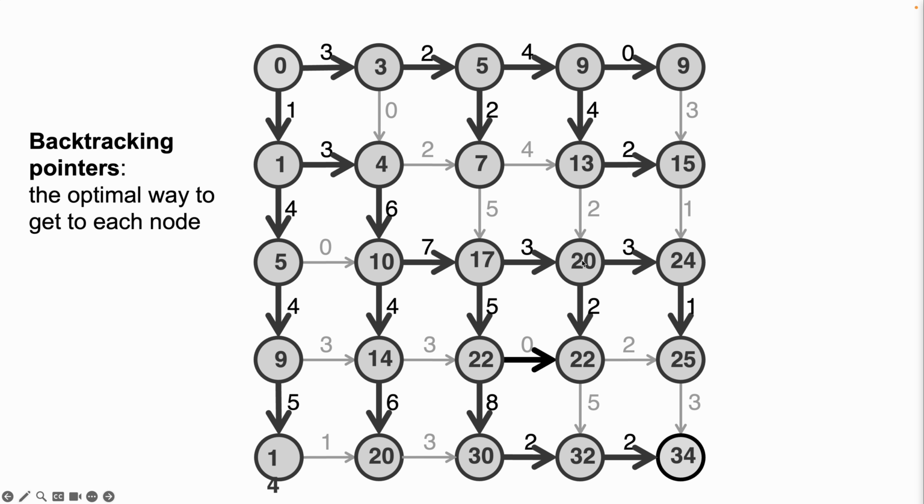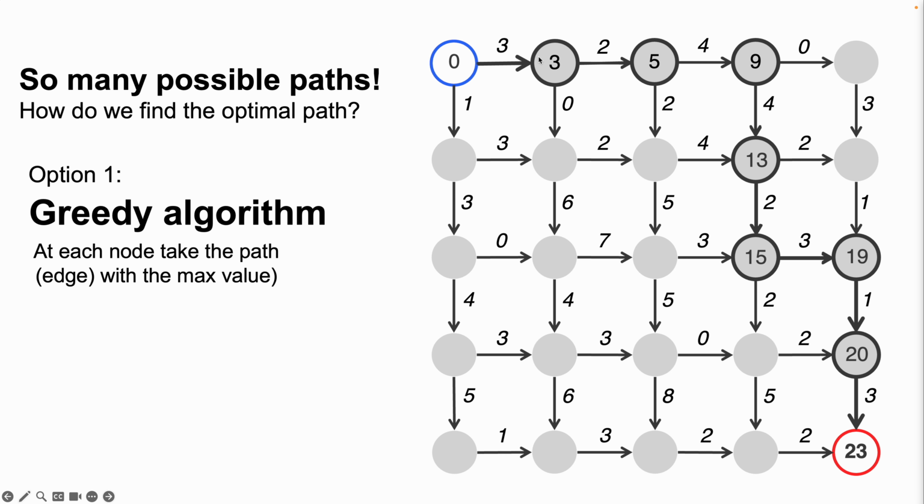You can go back in the notes and actually do the greedy path. Actually, I think I drew that. If you took the greedy path at every edge, you would travel this way and only get to 23. Oh, okay.